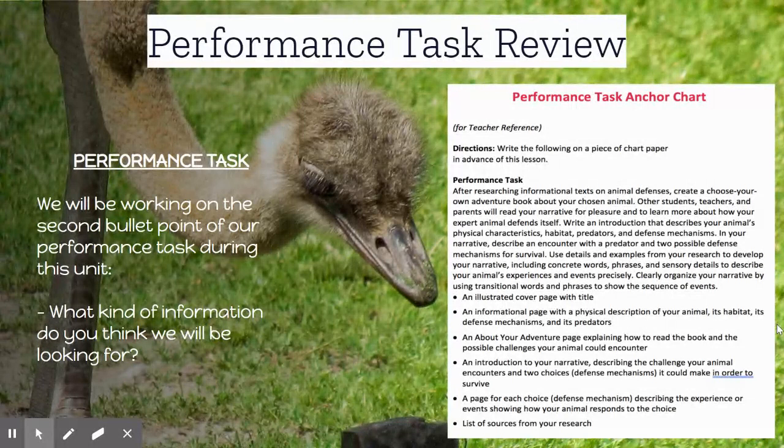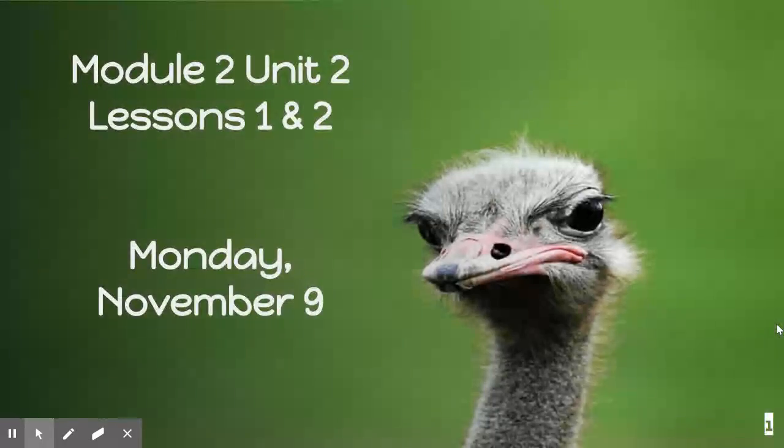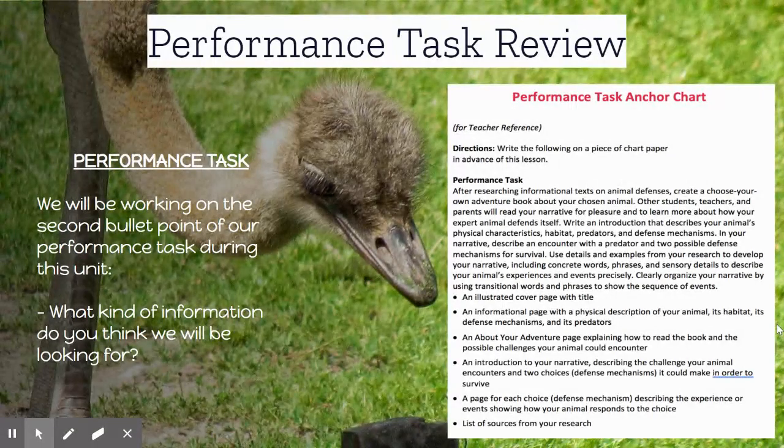Let me just read it to you. Performance task. After researching informational text on animal defenses, create a choose your own adventure book about your chosen animal. Your chosen animal is a teacher chosen animal, and as you've been able to see by this background and that one, we're going to be doing the ostrich. That's the animal we're going to be focusing on.